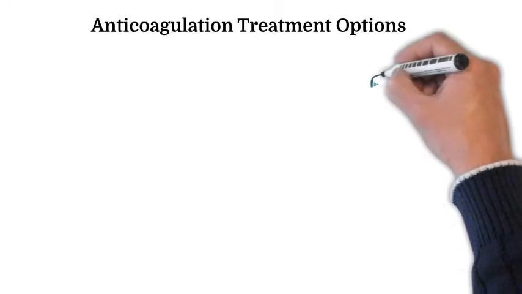So for your hemodynamically stable patients, you have a lot more options. And when I'm talking about these options, I'm talking about otherwise healthy adults. And I don't mean that they don't have any comorbidities.